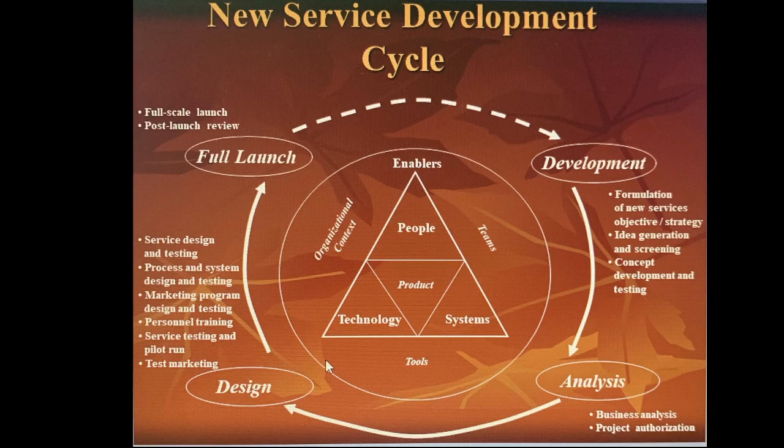We have already seen service marketing and the service market triangle, where we talk about people inside, that is internal people, technology and systems. The triangle is upside down, where we talk about the product, and from the product we talk about people, then systems, then technology.